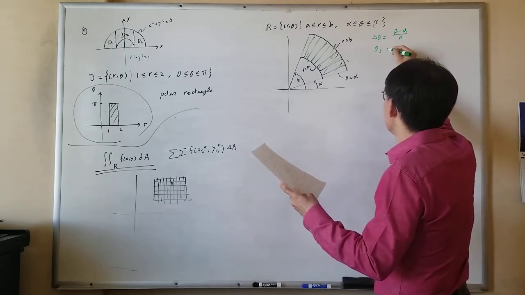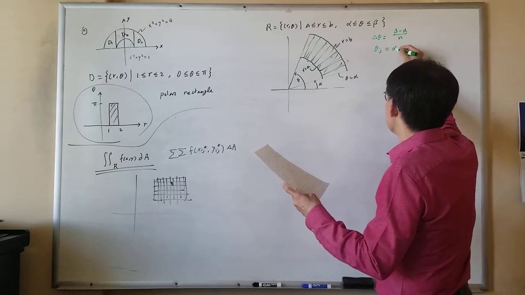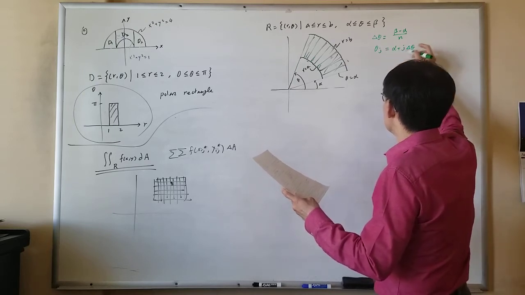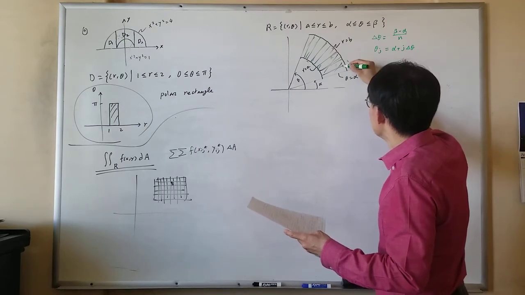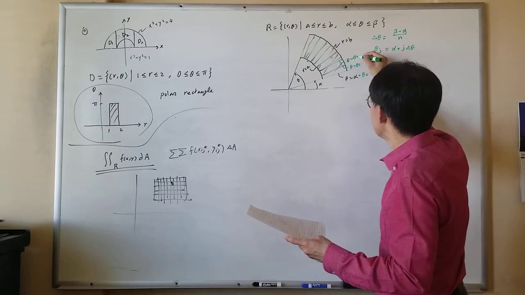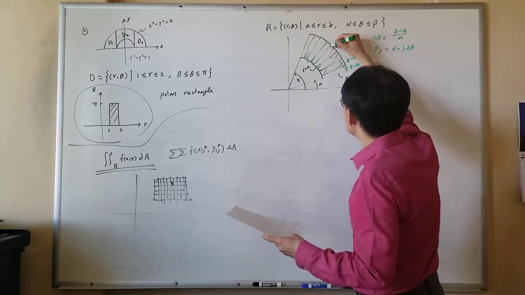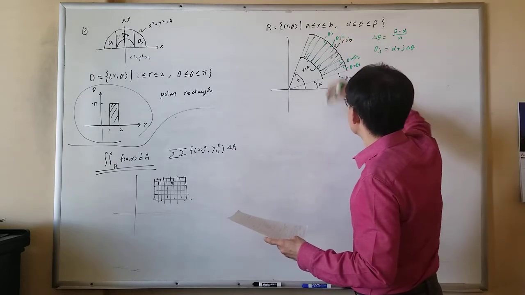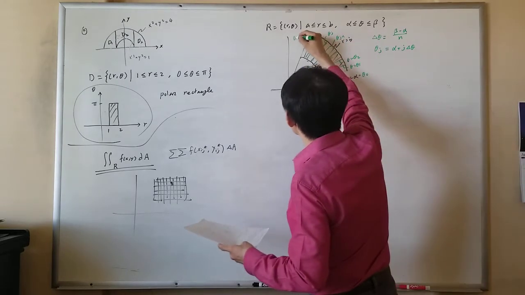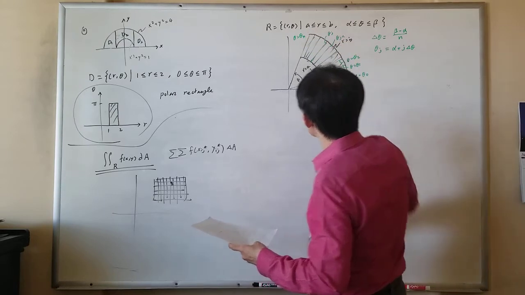And theta j equals alpha plus j times delta theta. So this is theta 0. This is theta equals theta 1. Theta equals theta 2. Let's say theta j minus 1, theta j. And this is theta equals theta n.